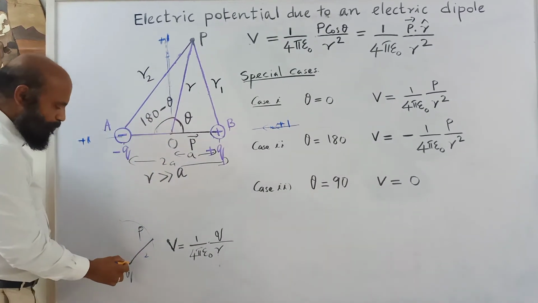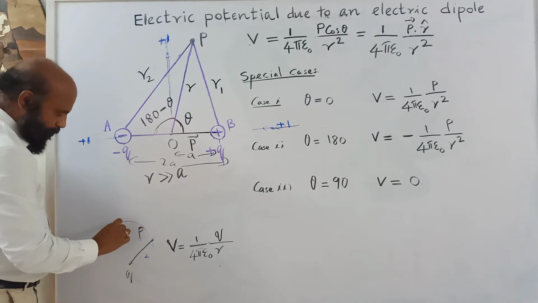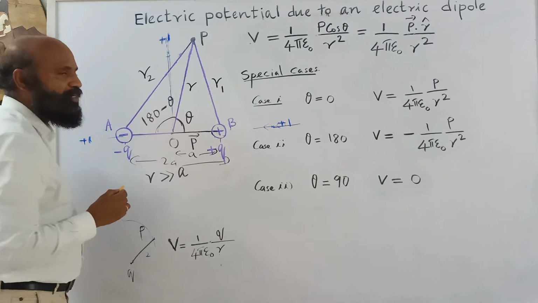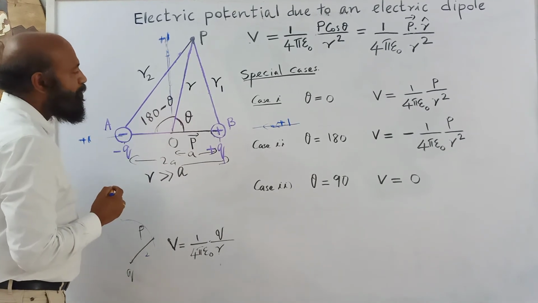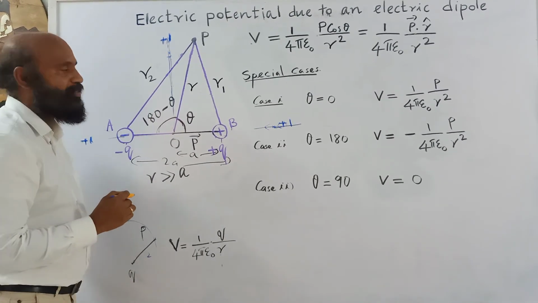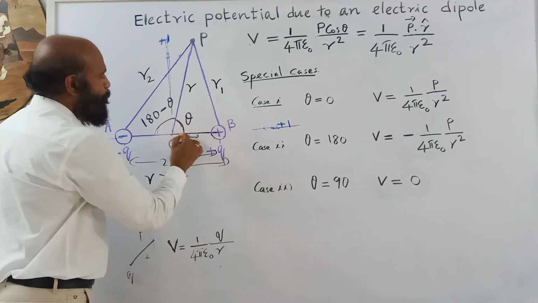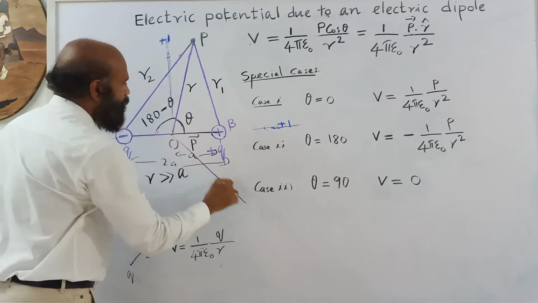Then in the case of a point charge, electric potential is spherically symmetric, but in the case of an electric dipole, it is not spherically symmetric, but it is axially symmetric. You rotate this line about this electric dipole moment, so you will get a cone.